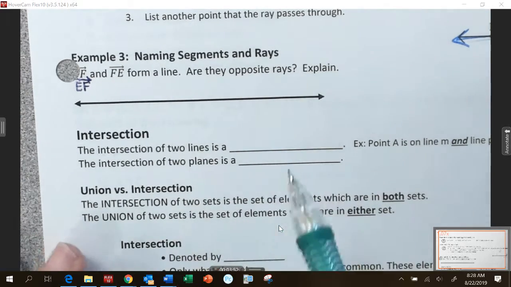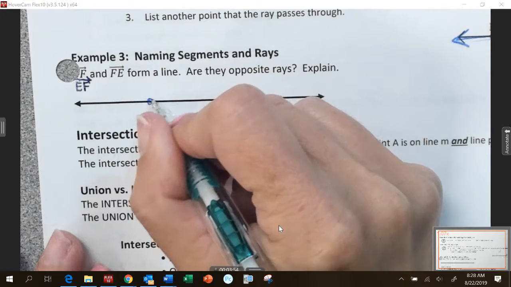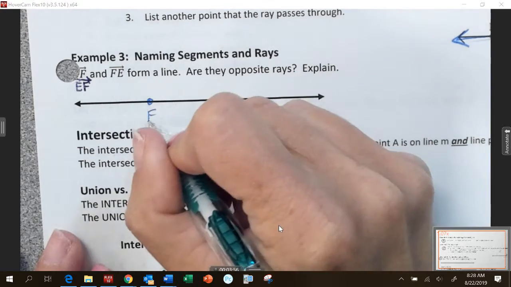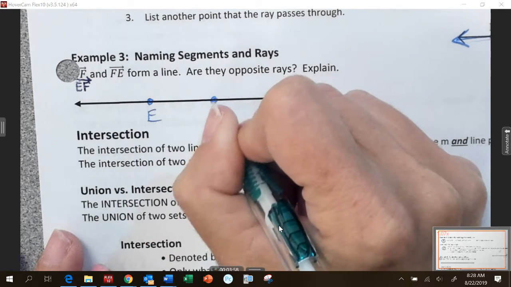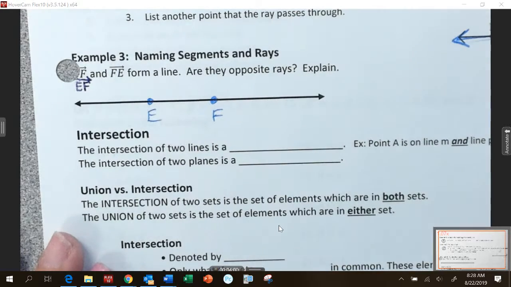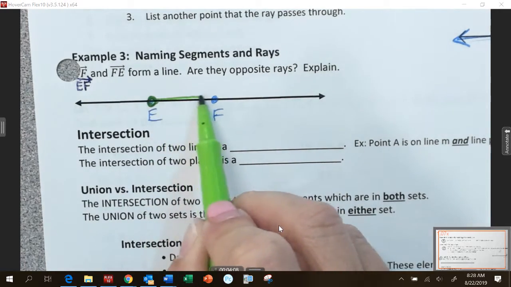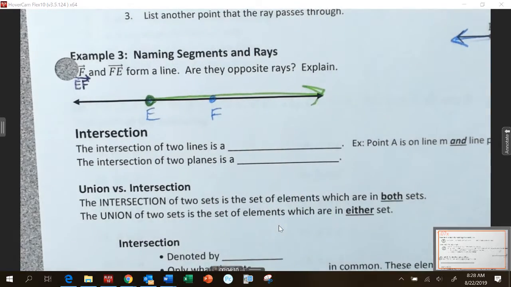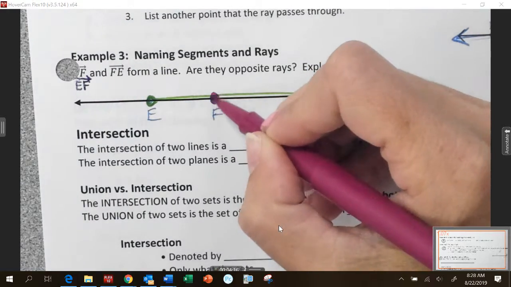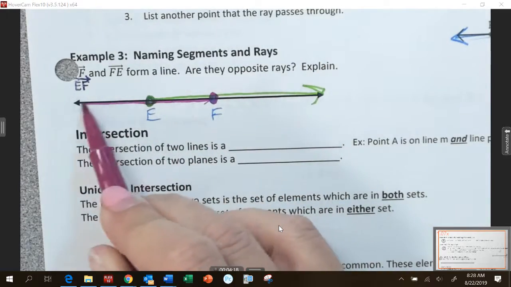So here's a line we can try. Here's E. Here's F. And they form a line. If I do E to F, here's E to F. And if we do F to E, are these opposite rays?